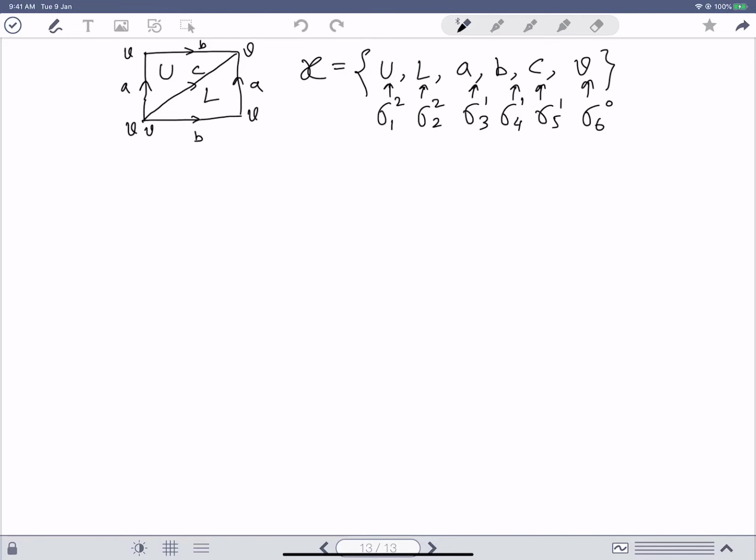And our aim is to find the homology group of this topological space. That means we need to find the simplicial homology group. So our aim is to find Hn delta X for n bigger than or equal to 0.